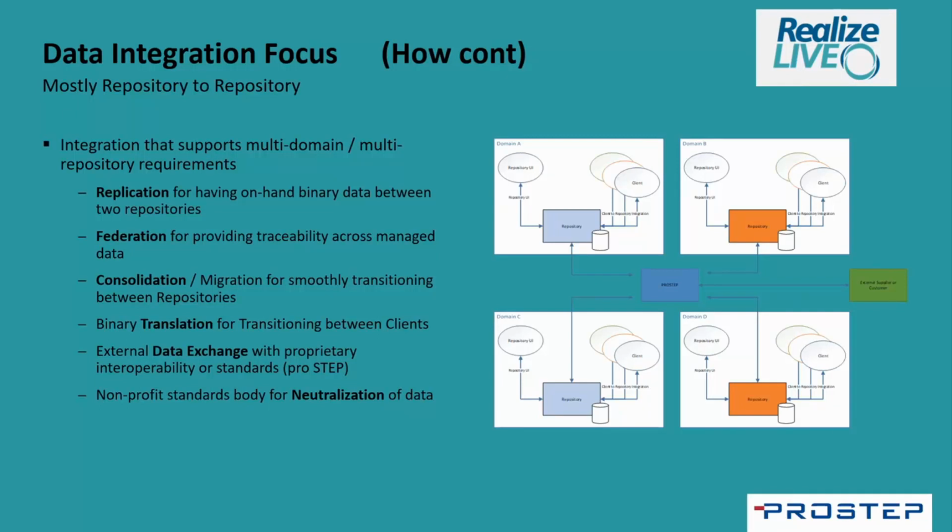And there are different needs for either replication of that data, federation of that data, maybe consolidating some data at different times. So we need to understand where that data is stored so we can interact with it across these applications.